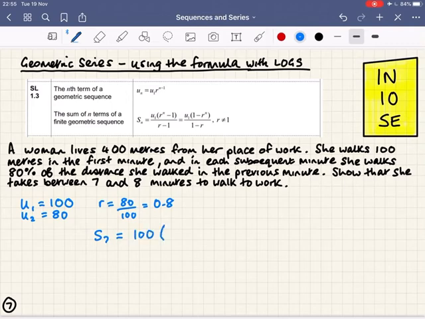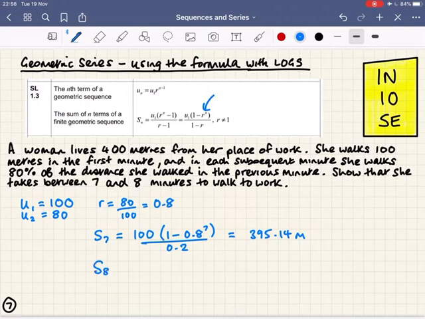And I'm going to use the second formula here because R is less than 1. 1 minus 0.8 to the power of 7, all over 1 minus 0.8, which is 0.2. And if I multiply all that out, I end up with 395.14 metres. So she's not quite reached her place of work after 7 minutes.